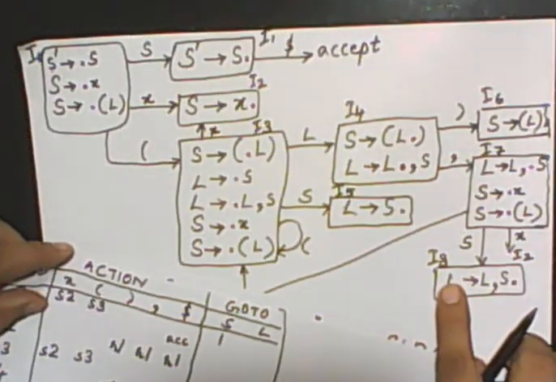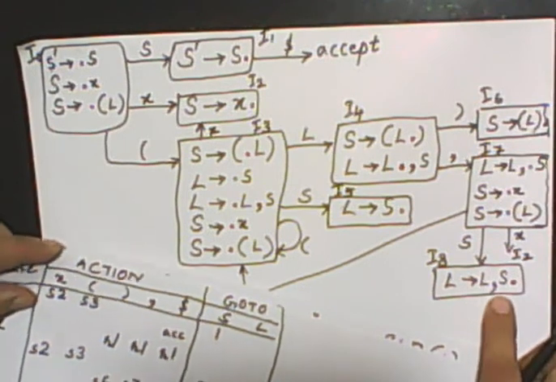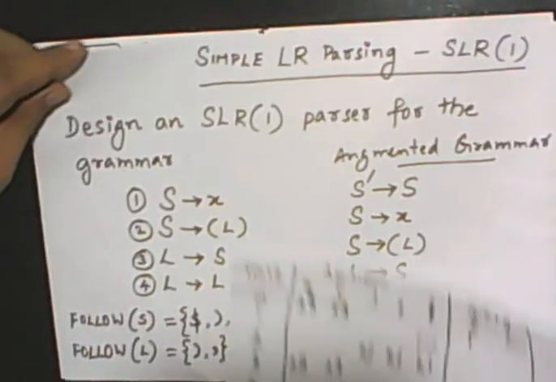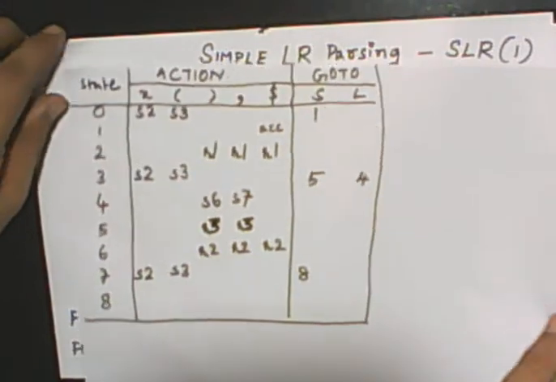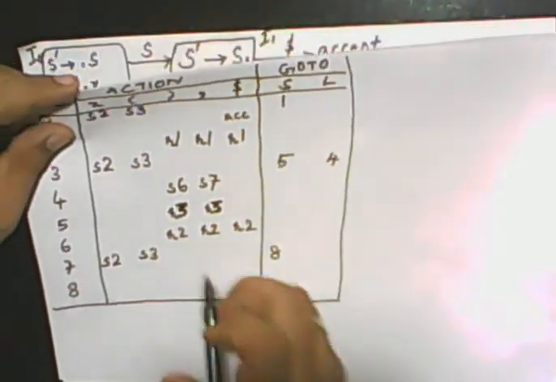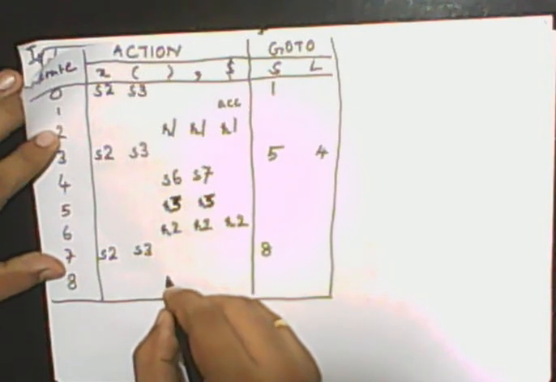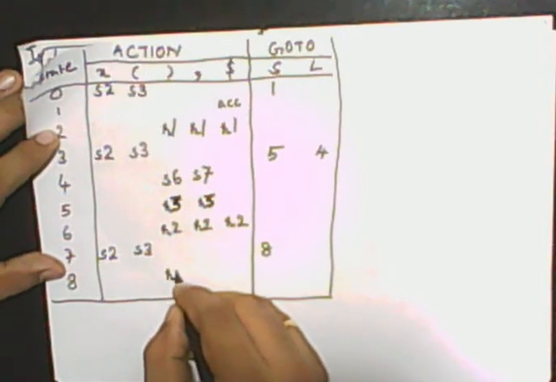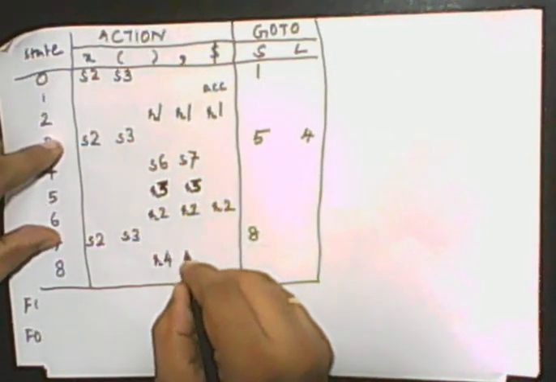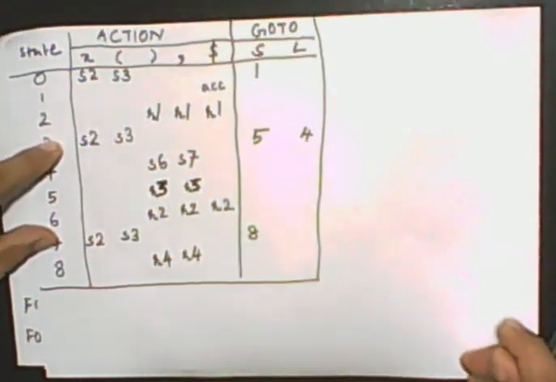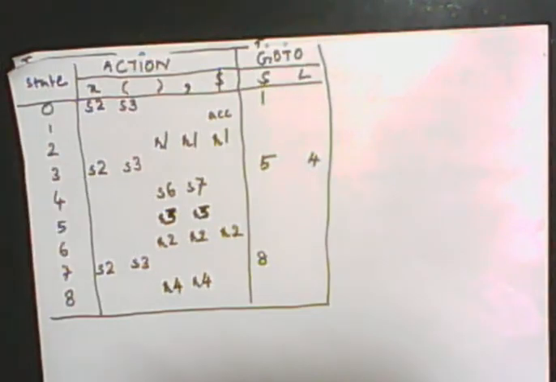Now for I8 you have L gives L comma S, which is R4. So R4 has to be put across follow of L, that is these two. So that is R4 and R4. Okay, so this is the parsing table.